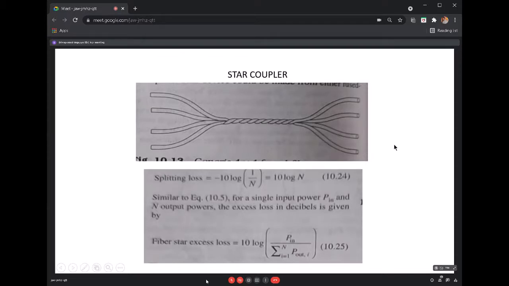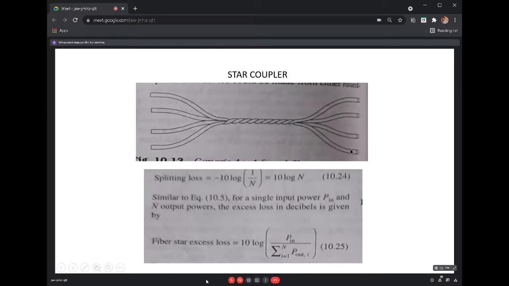You might ask, there are 4 cables, so how will they be twisted? While manufacturing, the 4 fibers will be drawn and melted, as I told you in the previous class, I think. They are taken out, melted and made into a single one, and then they are drawn separately to the required number of outputs.